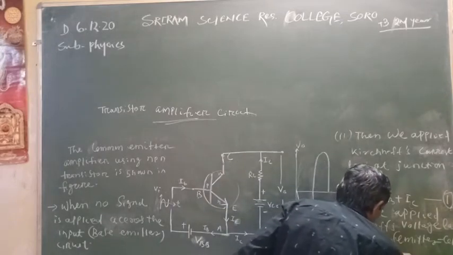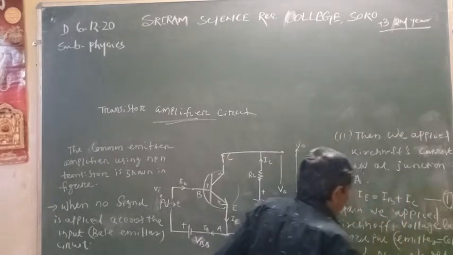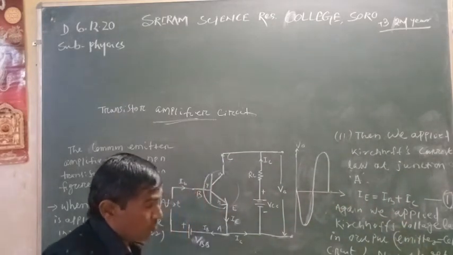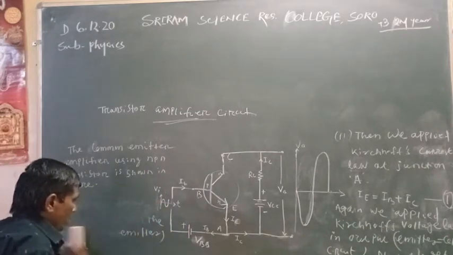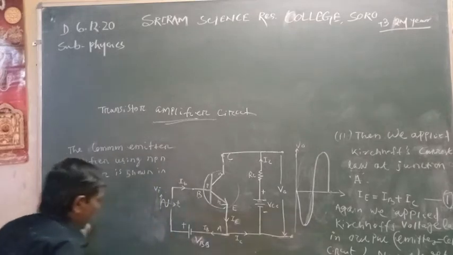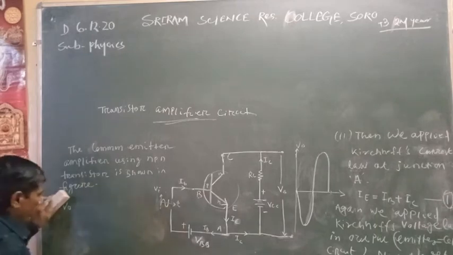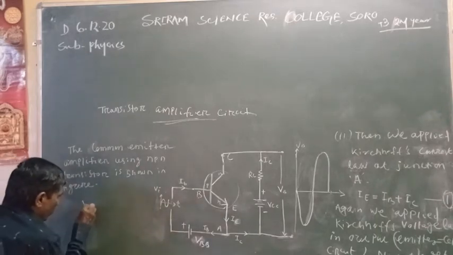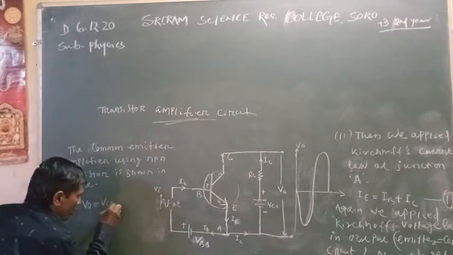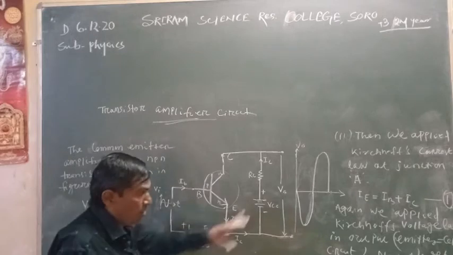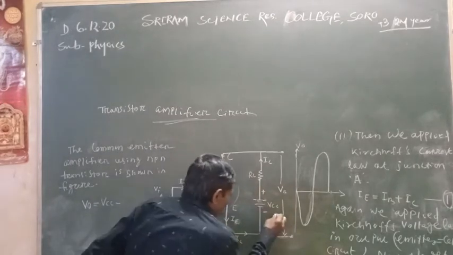Now we get V naught, the output voltage. V naught equals VCC, where VCC means the supplied voltage.